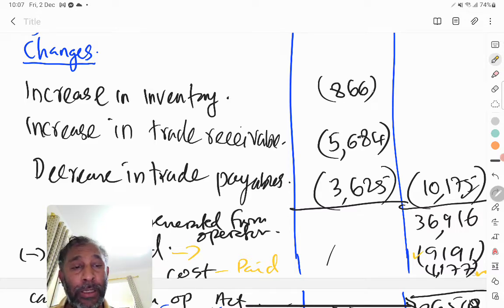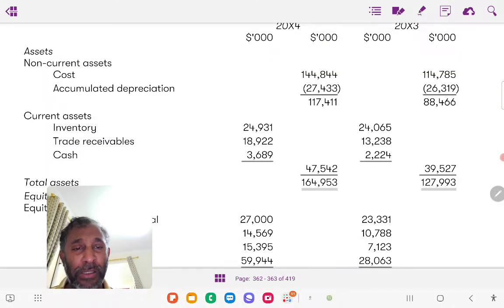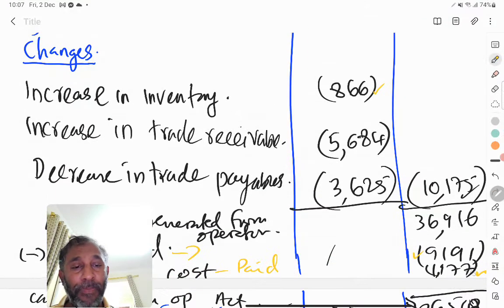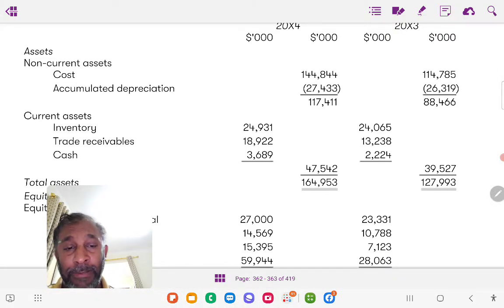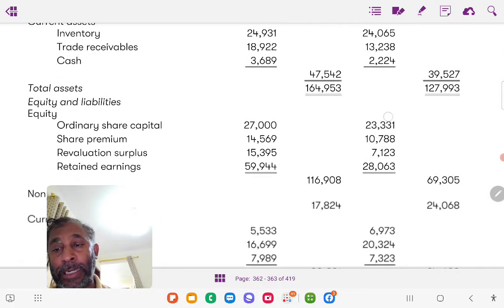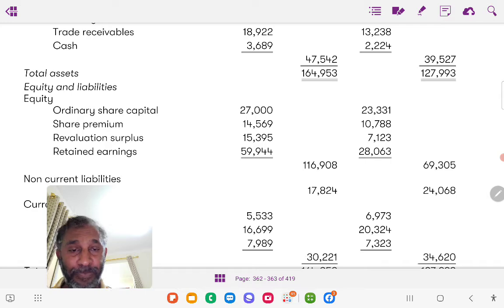So the increase in inventory is 866, if you calculate the difference. And the trade receivables also increased, and since it is an increase, minus. So we have done with that as well. Cash we will leave, we already looked after it. Now we go to equity.